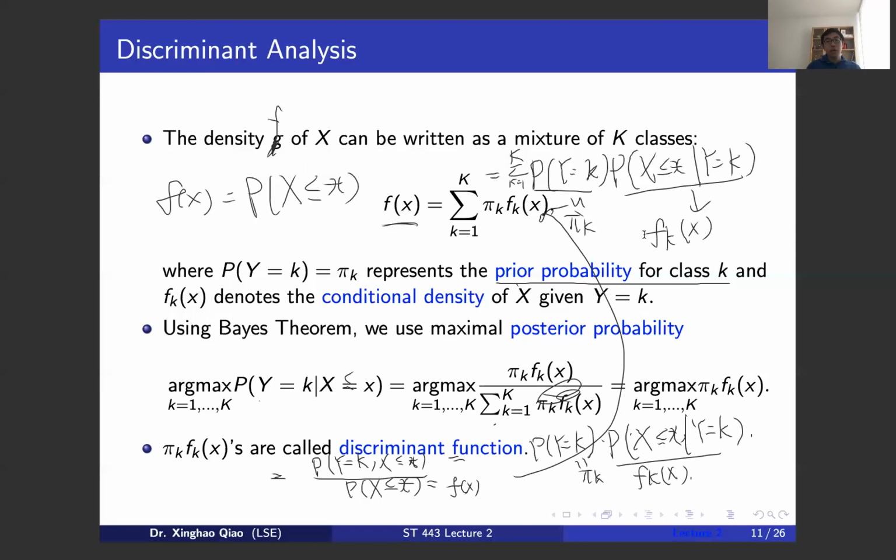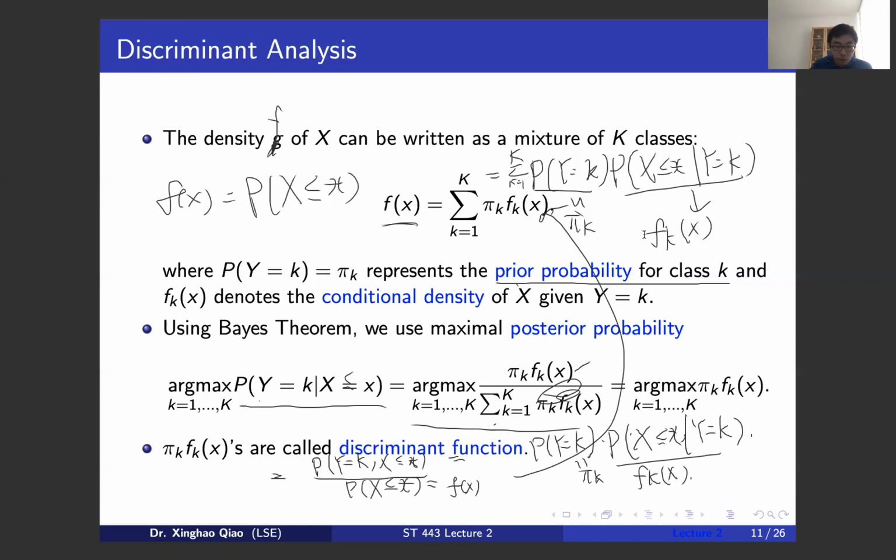Our target is to find k such that the conditional probability is maximized. Using the Bayes theorem, we can equivalently represent it in the following form: pi k times f k of x in the numerator, and on the denominator, pi k times f k of x summed over all the possible classes.